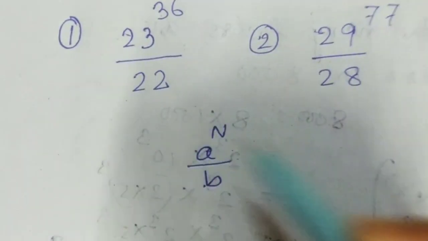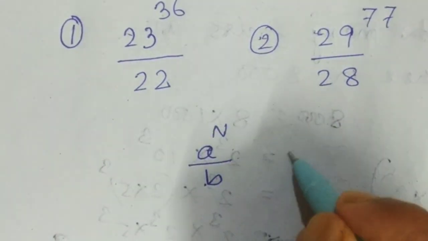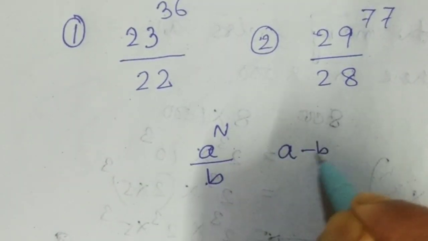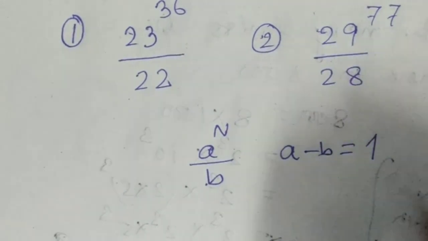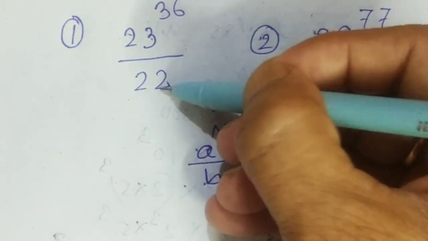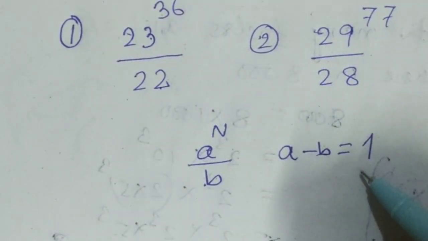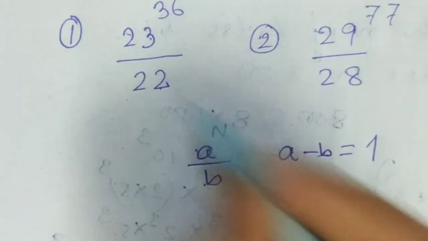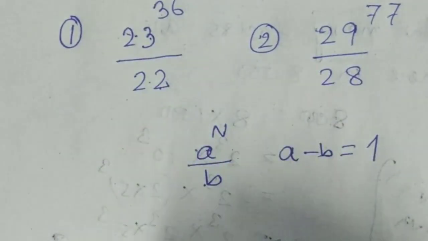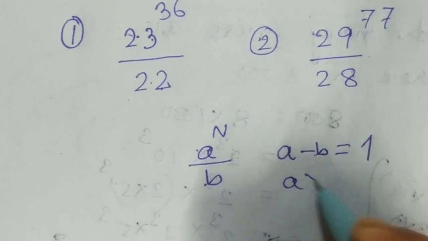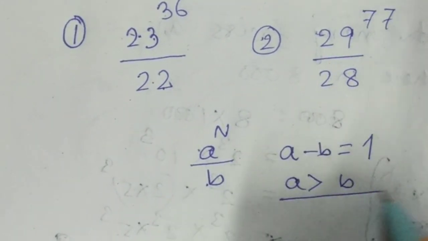So we can say here a minus b is equal to 1, because the difference between a and b is 1, and a is greater than b.